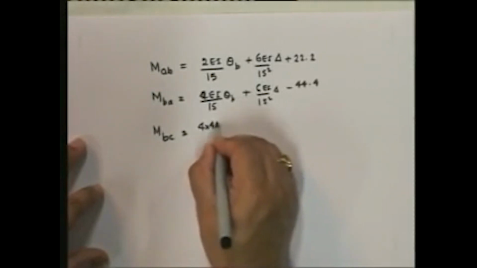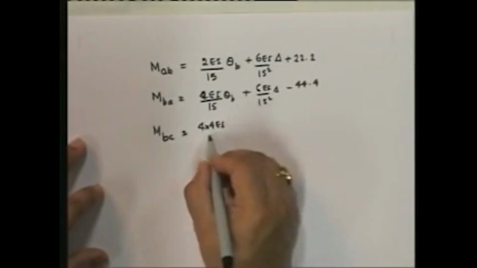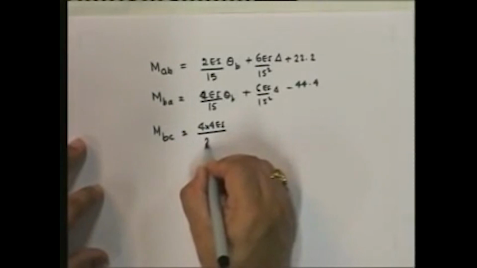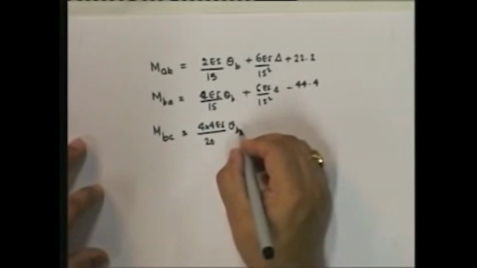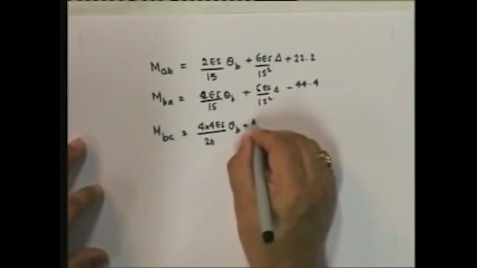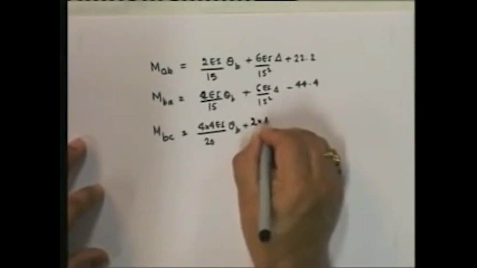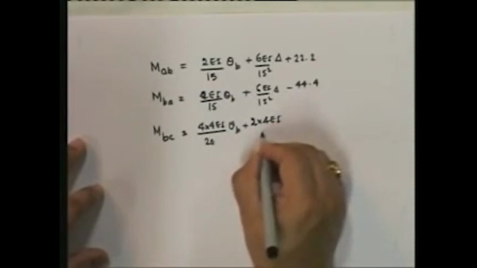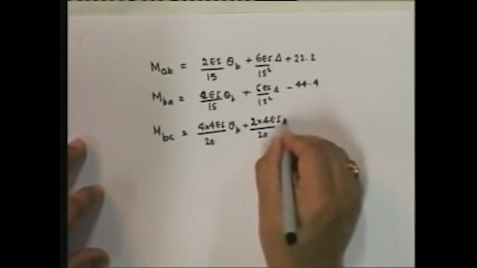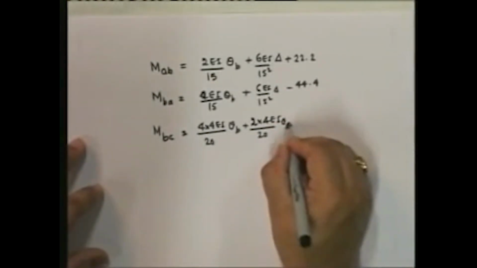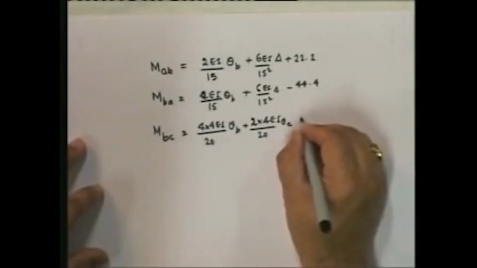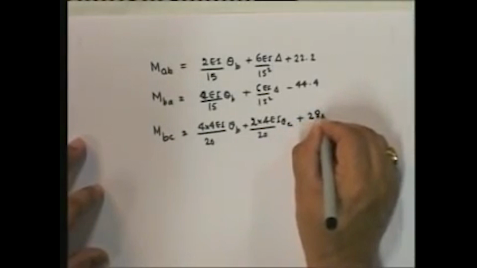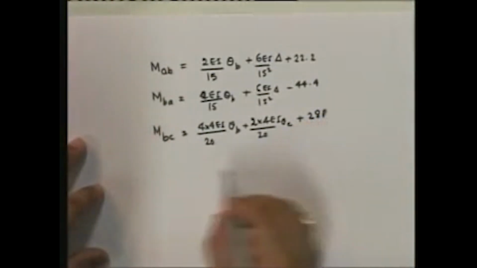So it's 4 into 4 EI upon 20 into theta B plus 2 into 4 EI upon 20 theta C plus 288.